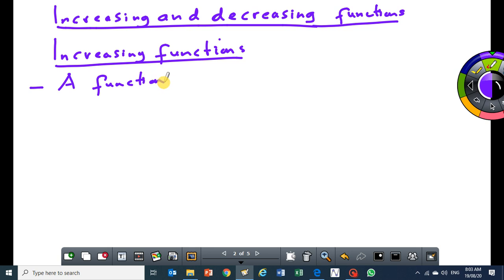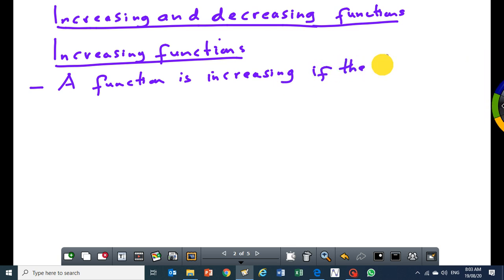Okay, a function is increasing if the x values increase while the y values are also increasing.